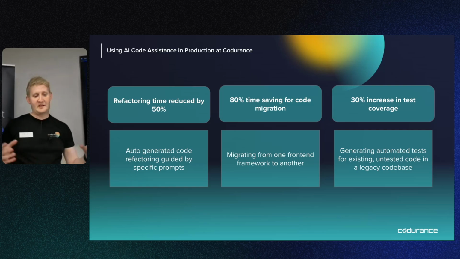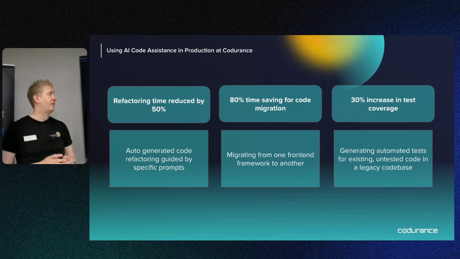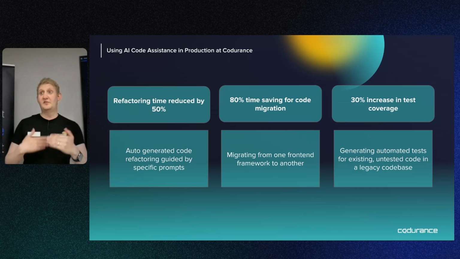The work was estimated as being several weeks' worth of work. I think Cursor did this piece of work, and the team did it safely and securely in a number of days. So it just shows you the power of these tools and also using them in a controlled and principled way.